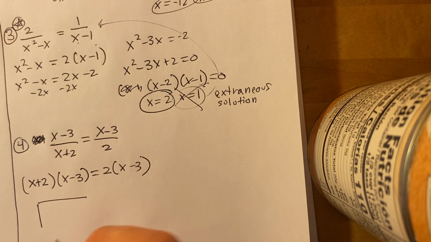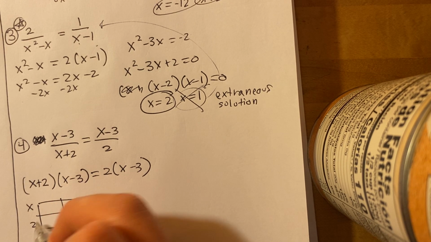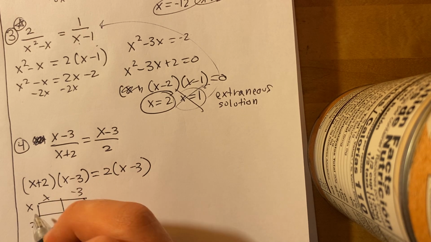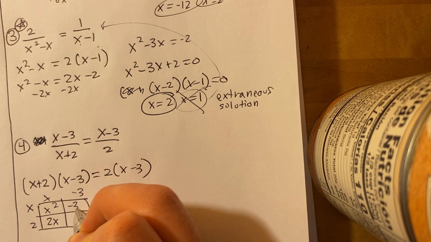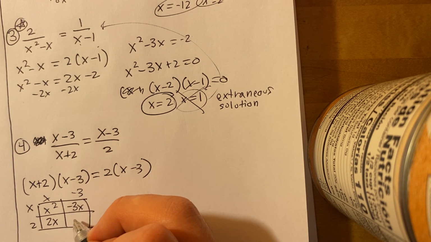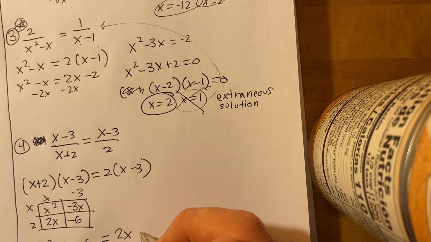So, go ahead and do a box just to keep yourself honest. x and 2, x and negative 3. So then you're left with x squared, 2x, negative 3x, and negative 6. Then that leaves us with x squared minus x minus 6 equals 2x minus 6.